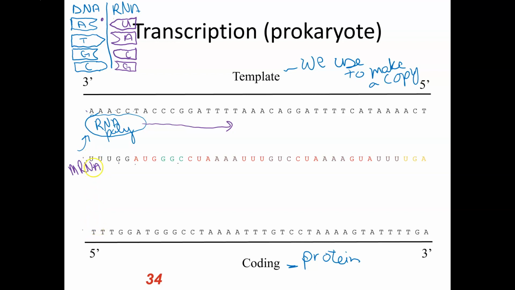So here we have a U and a T, a U and a T, a U and a T. G, G, G, G, A, U again, T, G, G. G, G, G, G, C, C, C, C. Do you notice that's exactly the same? They're identical. This messenger RNA is identical to this coding strand of DNA, except where you have thymines in the DNA, you have uracils in the RNA.